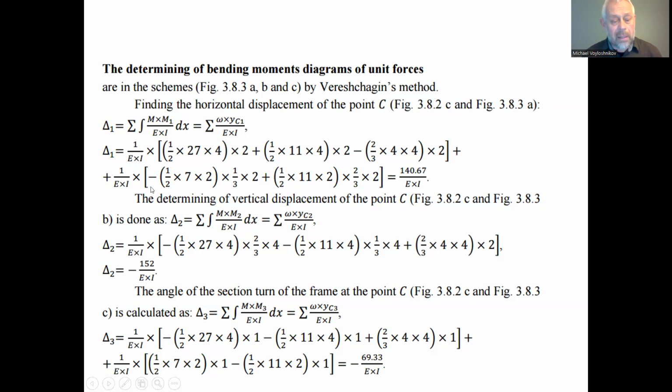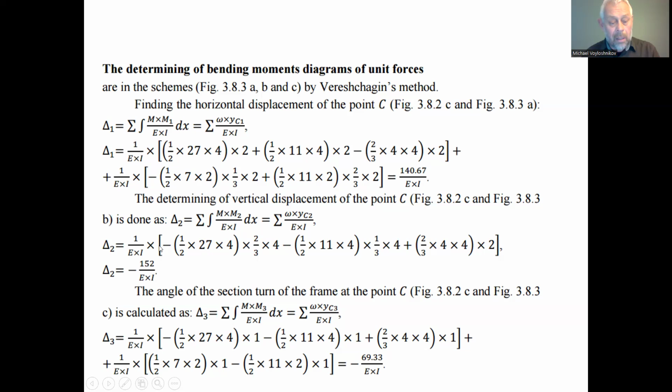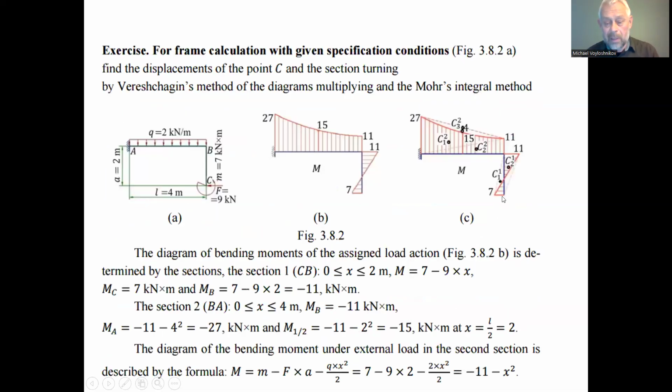So the second summand: the first is a factor derived out of the brackets, and in the second we have the areas. We have 2 triangles in the shape of the diagram. One is the negative shape diagram with the leg 7 and the height of the triangle 2.